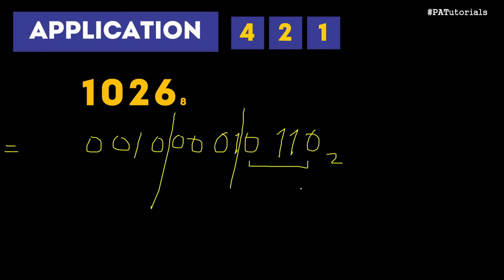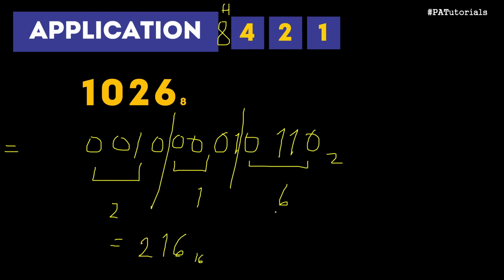So, etong group na to would be equal to, again guys, yung etong 8 natin para sa hexadecimal, huwag nyo kakalimutan. So, again, etong group na to, this would be equal to 6, then this would be equal to 1, and then this would be equal to 2. So, in short, ang ating answer dyan would be 216 base 16.